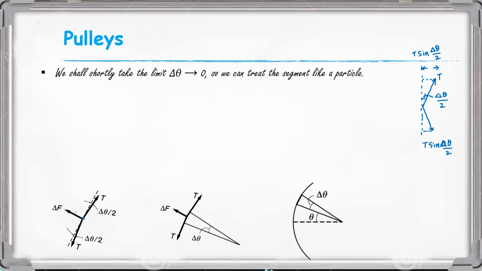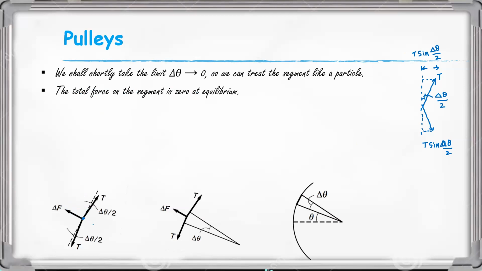Okay. Then at equilibrium, delta F must be equal to what? At equilibrium, delta F must be equal to 2T sine delta theta divided by 2, because we know that at equilibrium the total force on the segment is 0.